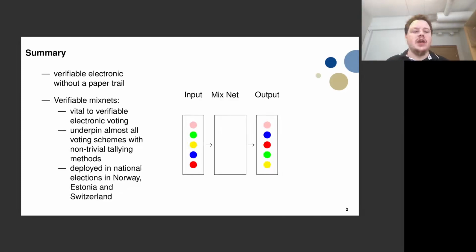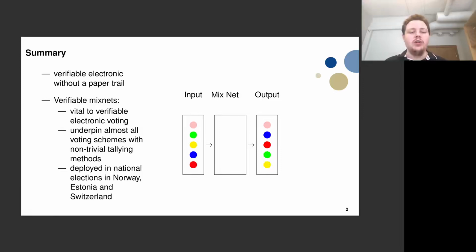In these online voting systems you have things called verifiable mixnets, and the basic idea is they take a vector of inputs, mix it, and create a vector of outputs. So you have ballots coming in, being randomized in their order, and then coming out again. And this is very similar to how ballot boxes work in traditional voting.